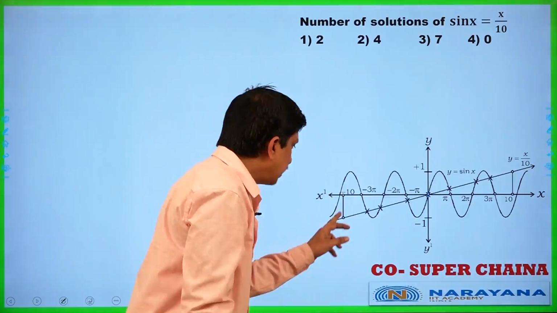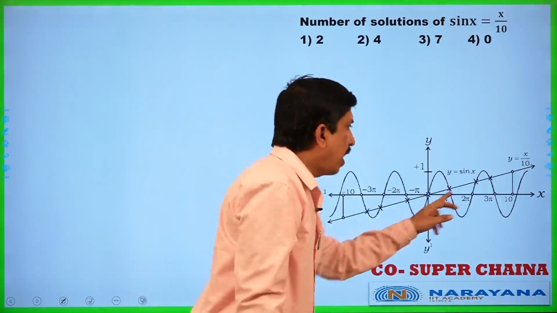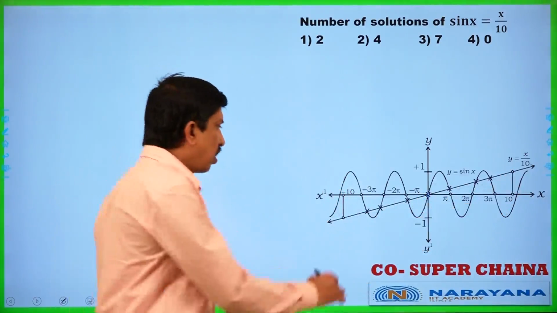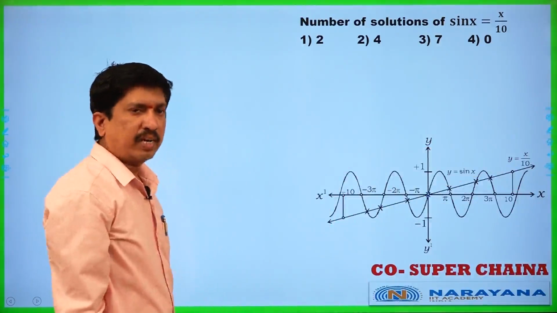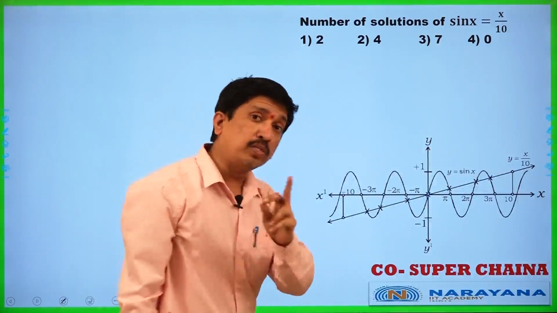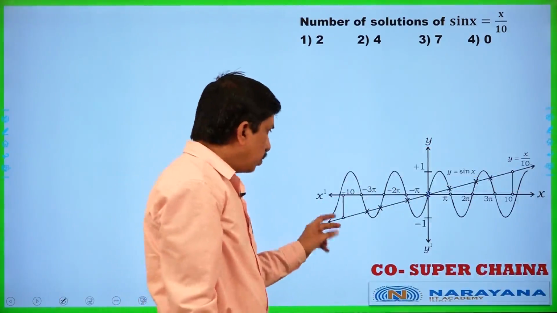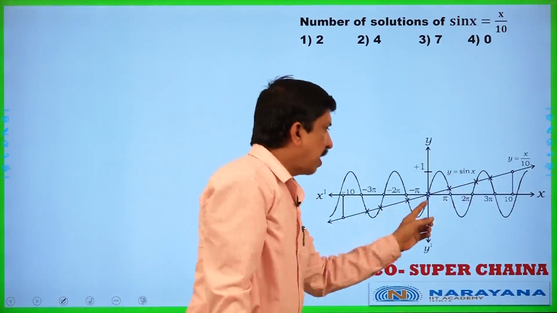After that, minus 10 by 10 is minus 1 here, 0 here, and 10 by 10 here. That is exactly a straight line. Draw the straight line directly, it should be passing through the origin, because it is y equal to mx. Now only 3 points we are taking: minus 10, plus 10 and 0.